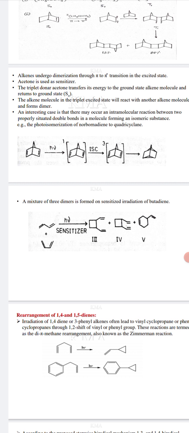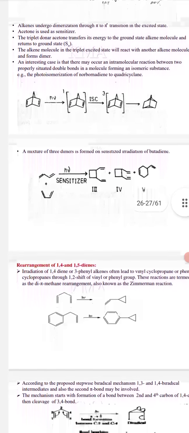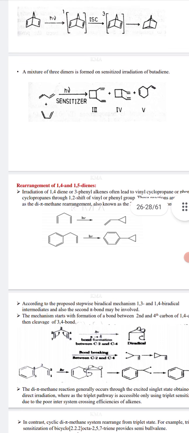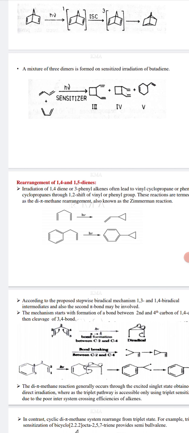As it undergoes intersystem crossing, it forms a triplet excited state, and again it gives rise to a quadricyclane. Here is another example: a mixture of three dimers is formed on sensitized irradiation of butadiene.